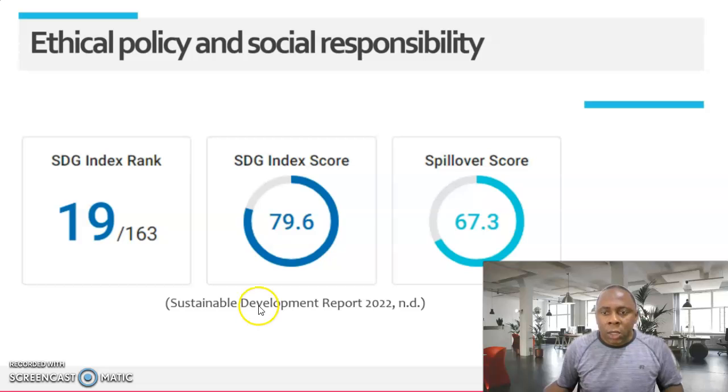For Japan, they have 80% and are ranking 19 out of 163 countries, with a positive spillover of 67%, which shows that Japan causes more positive and fewer negative spillover impacts on the environment.